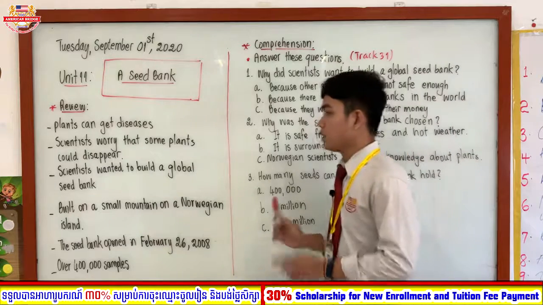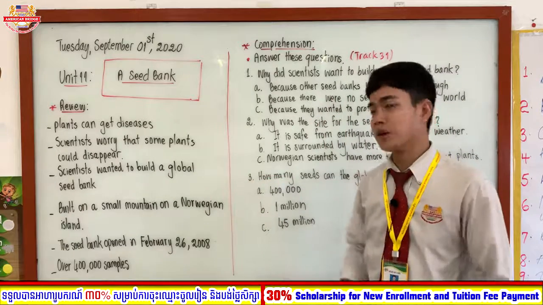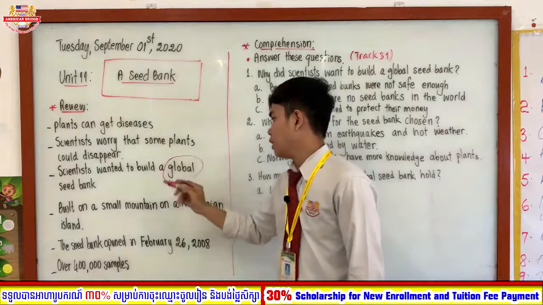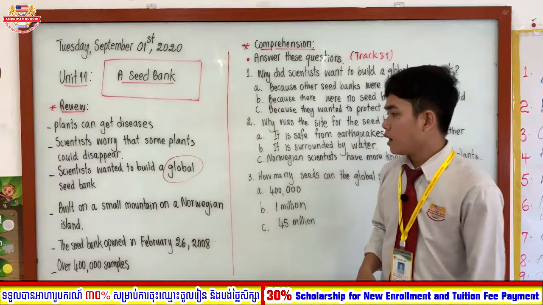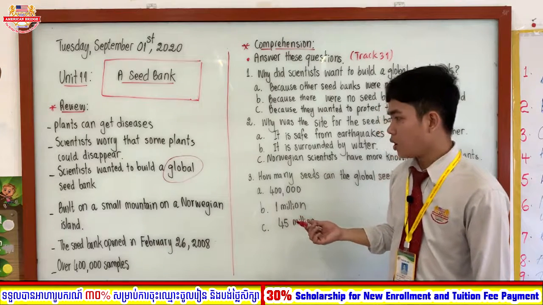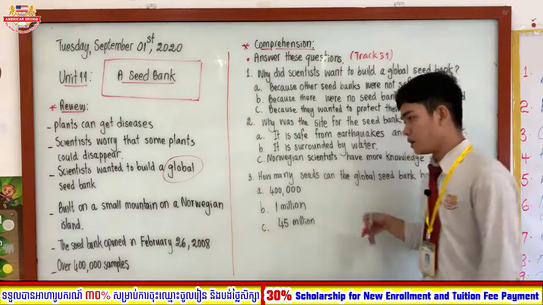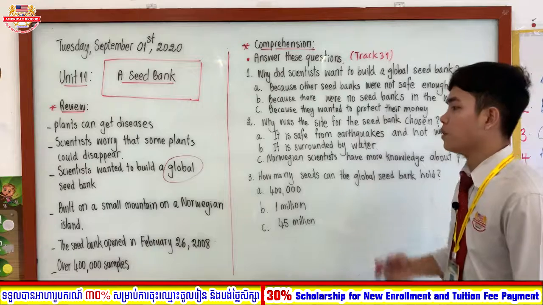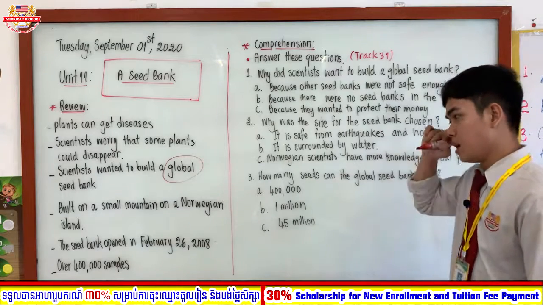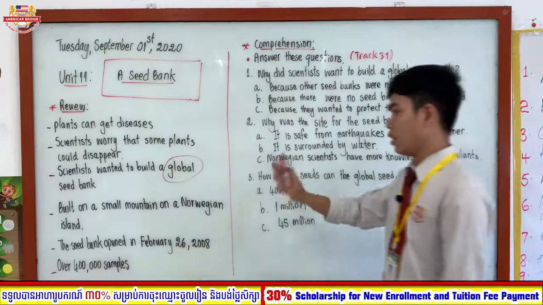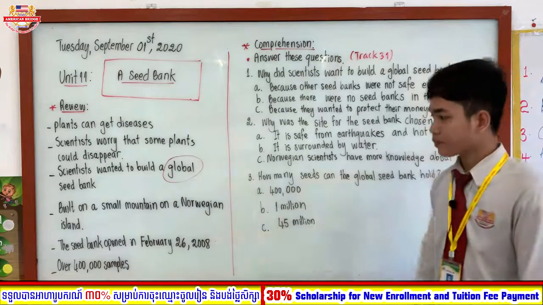Scientists wanted to build a global seed bank. A global seed bank, as you know, is a worldwide place where you can store any kind of seed or plant. It was built on a small mountain on a Norwegian island, as we also learned from our listening.